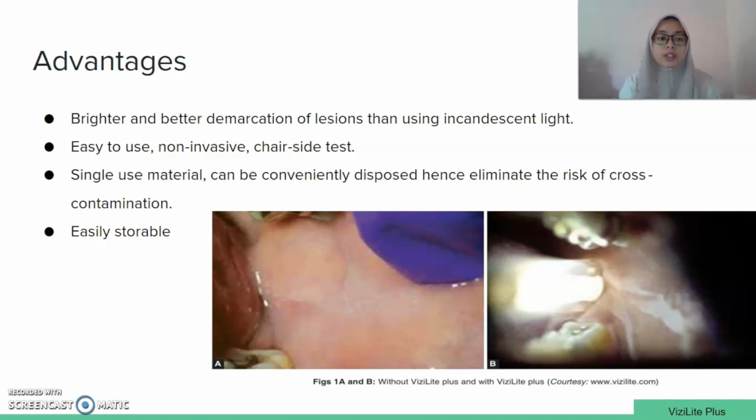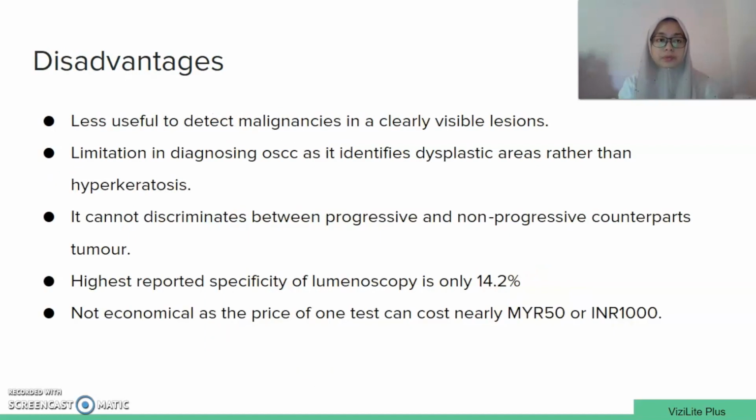Next, the advantages are that it is easy to use, non-invasive and a chairside task. It is a single-use material that can be conveniently disposed of, hence it will eliminate the risk of cross-contamination. It is also easily storable.